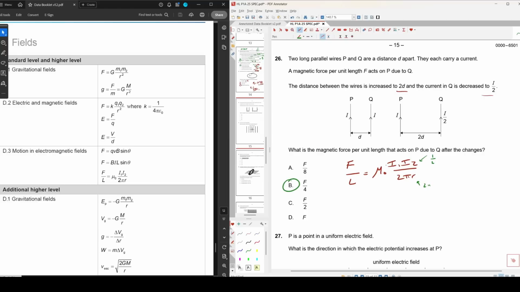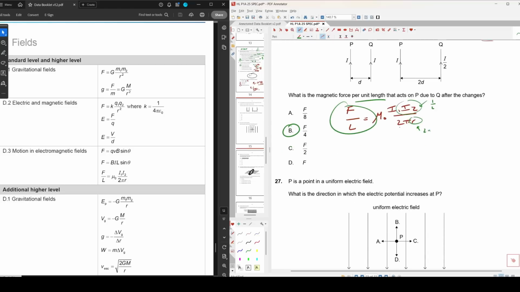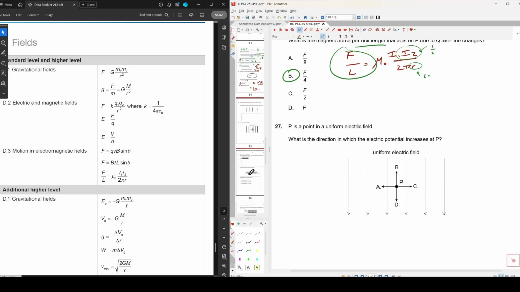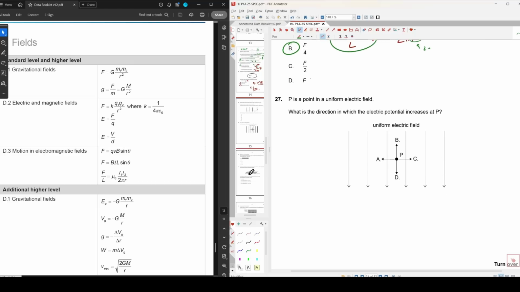So overall, it's going to decrease it by 4, right? Cut this in half, double this, your total effect for the force per unit length is it gets 4 times smaller. Do the full-on ratio if you want, but if you practice these enough, you can kind of look at them and be like, yeah, 4 times smaller.